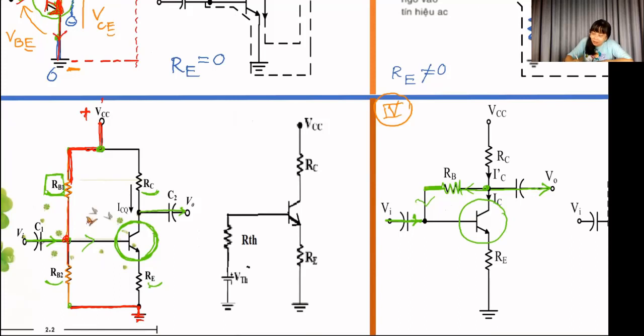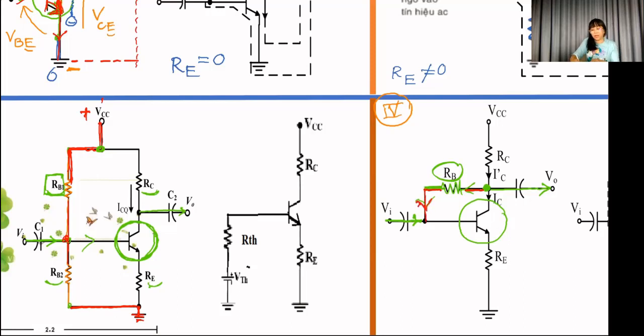And here on the fourth circuit, you can see resistor RB connects with the collector. This collector, this is receiving, right? And this collector has the direction of the current.